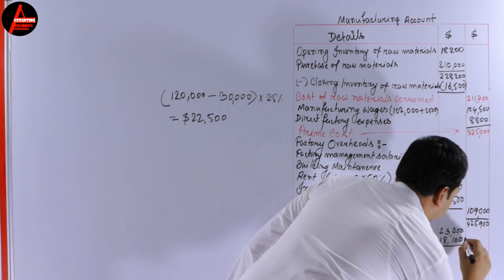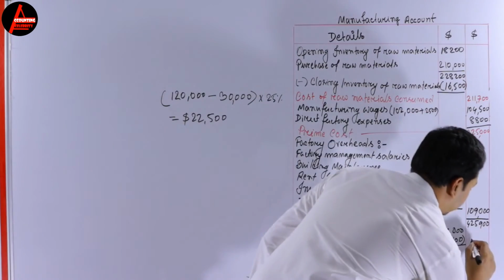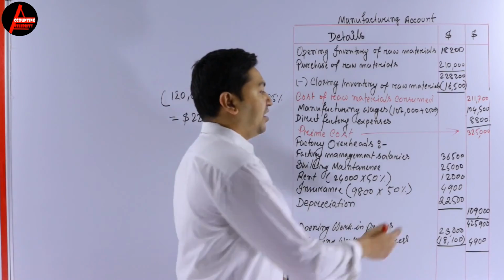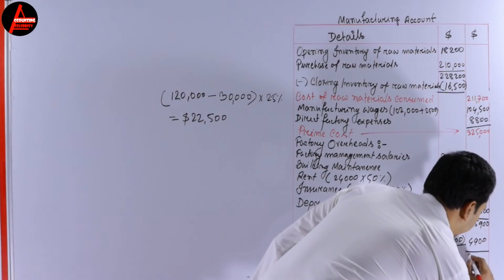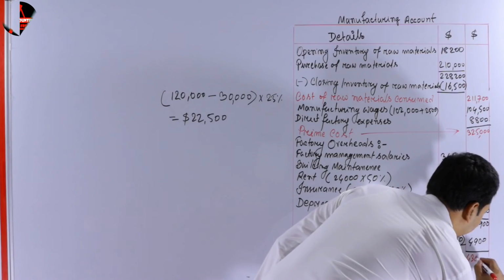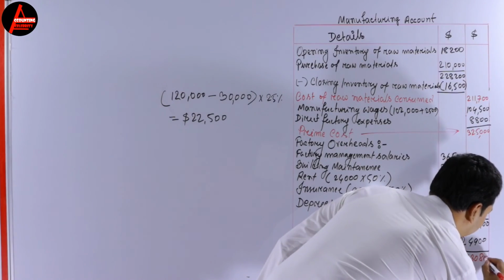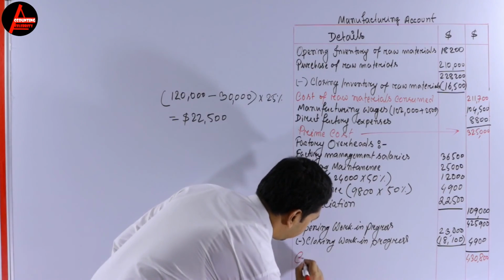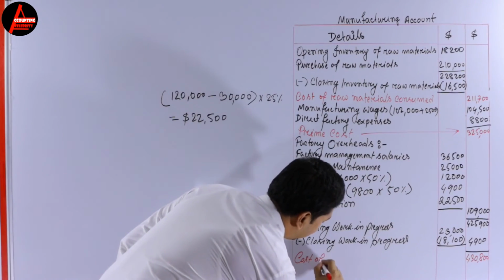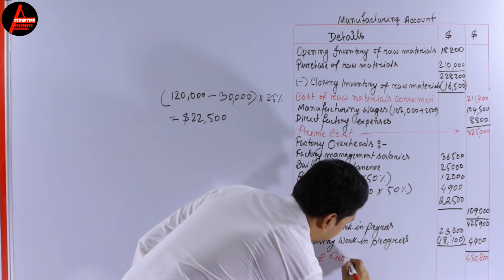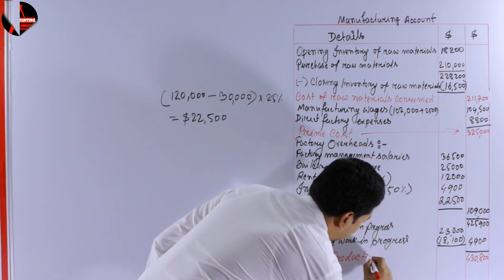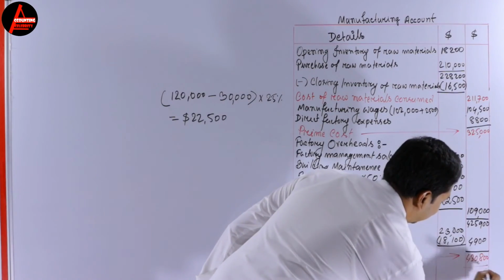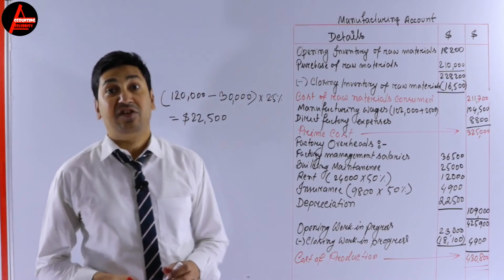If we subtract, your answer is $4,900. Now if we add these two values, it is $430,800. So this is our cost of production. This is how you need to calculate your cost of production.